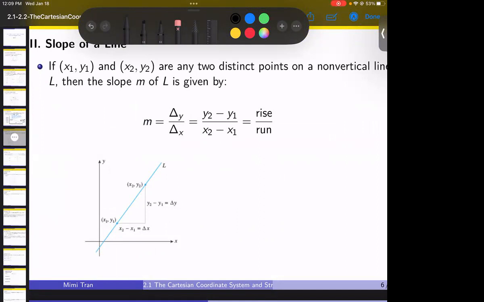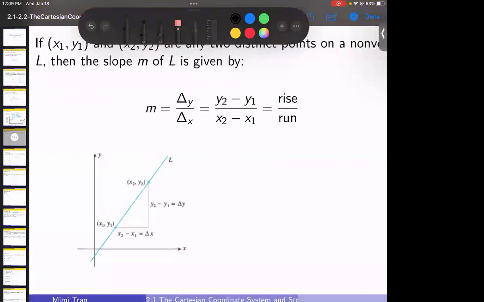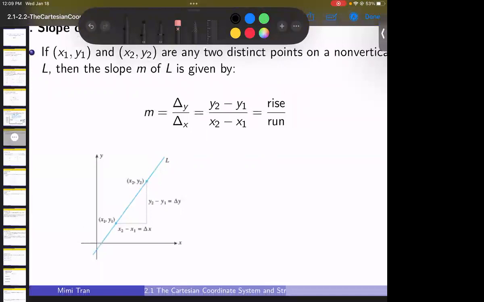The slope is undefined. And I'll tell you why later. If I want to find the slope of a non-vertical line with two distinct points, the formula is m equals delta y over delta x. Delta is equivalent to the letter D in Greek, the difference of y over the difference of x, or rise over run.